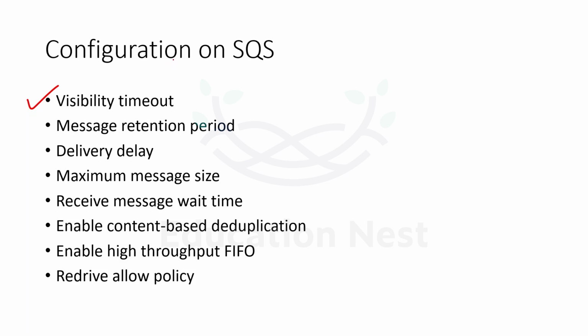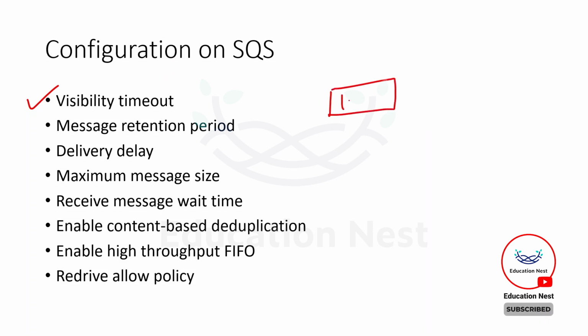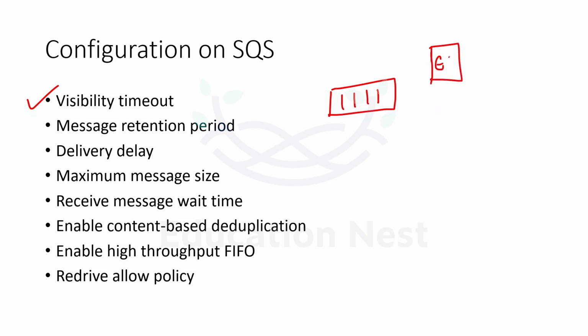Okay, what it means by that is, as I told you, that multiple producers and consumers might be putting messages on the queue. So if I have my EC2 instances, there are two EC2 instances, so two consumers.